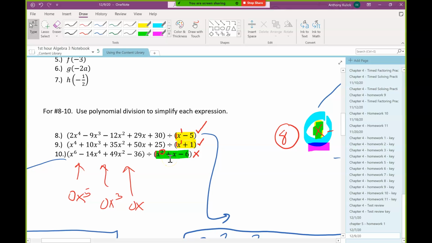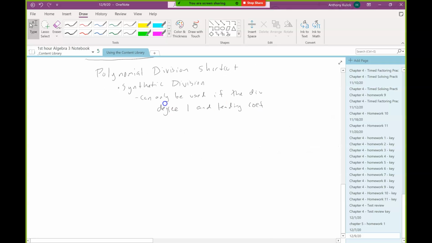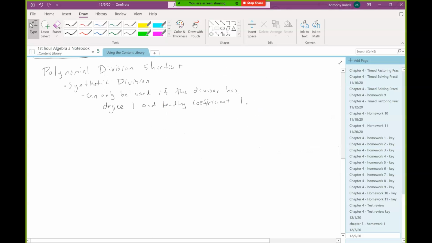Okay? So we're going to do the same problem number 8 as our example for synthetic division. I'm glad that somebody asked about either 8 or 9 because it gives me a good problem to do as an example.